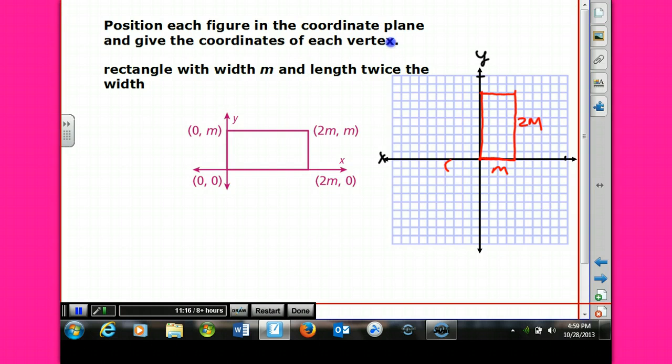So on mine, we could label at 0, 0. And notice when we get to this second vertex over here, we've traveled m, and we have flown nowhere, right? M, 0, which is similar to what you see here, where our rectangle is kind of pointing up, and theirs is laying flat, right?